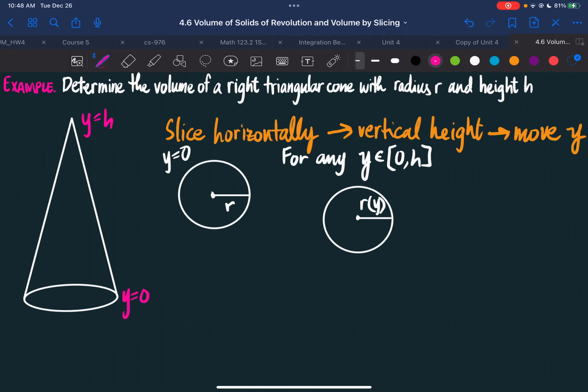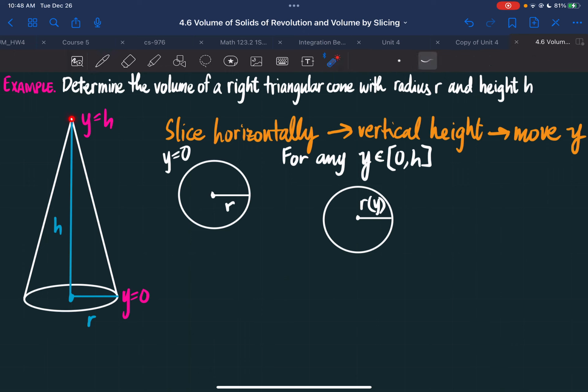So let's start again with your y equals 0. So at y equals 0, you have radius r and a height of h.